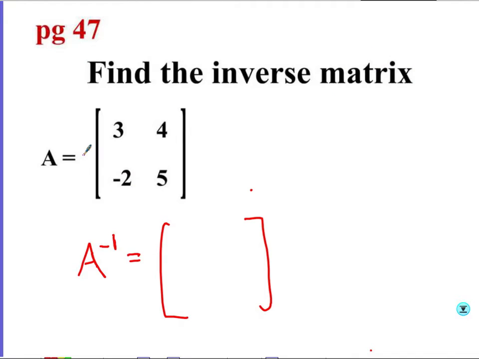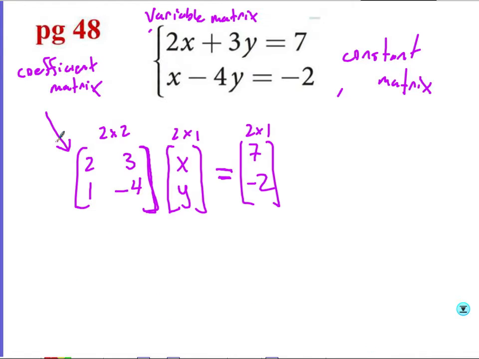Now remember when we took a look at how to find the inverse of this matrix, remember the matrix is always represented by a capital letter. So going here, this 2 by 2 matrix, we're going to represent it by the letter A. Now this variable matrix here, I'm going to represent it with a capital X. So this is A times X. Again, remember when I put matrices side by side, it is implied that we are multiplying them.